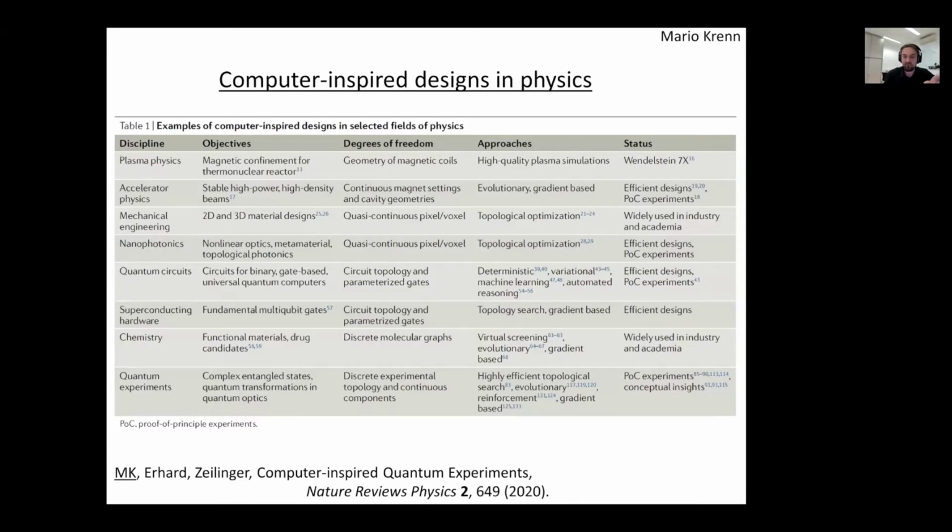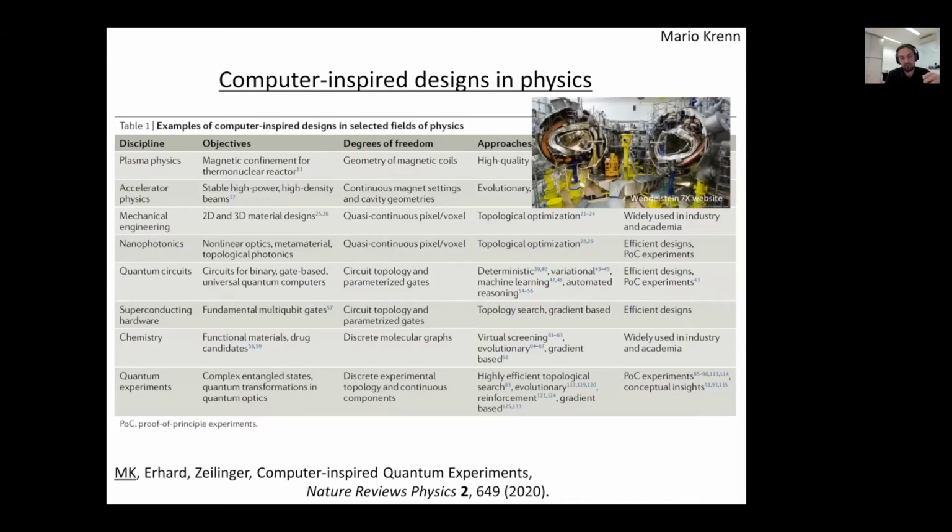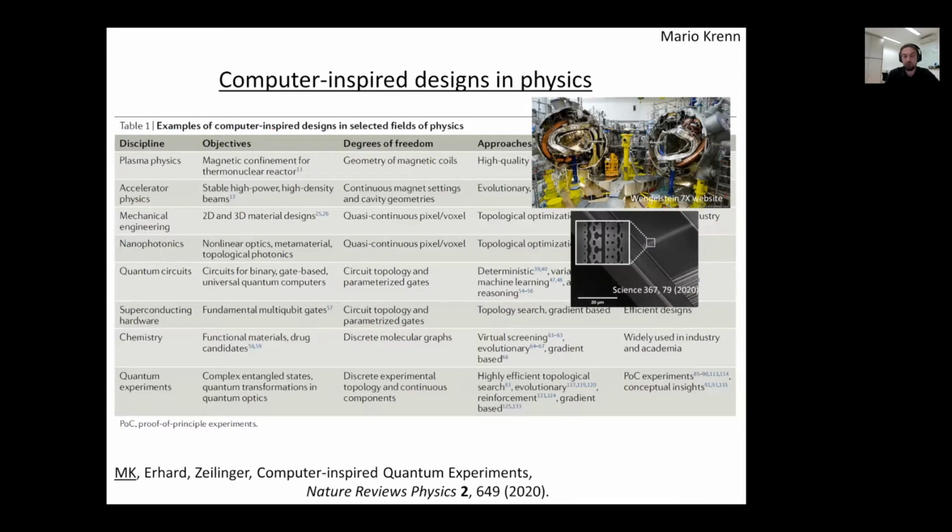One very famous example is in plasma physics, where the coils of the Wendelstein 7X nuclear fusion reactor were only made possible by design at supercomputers.